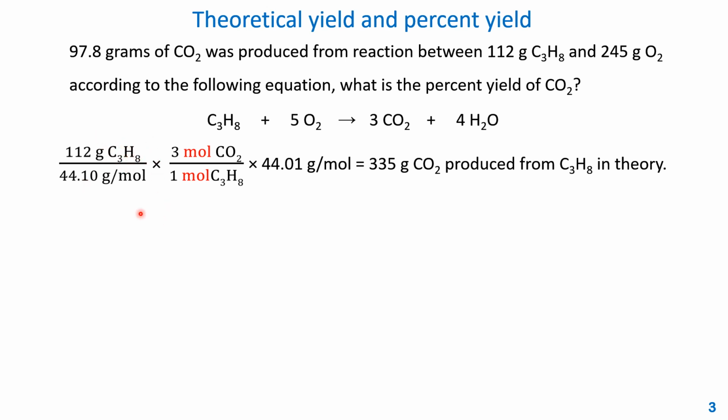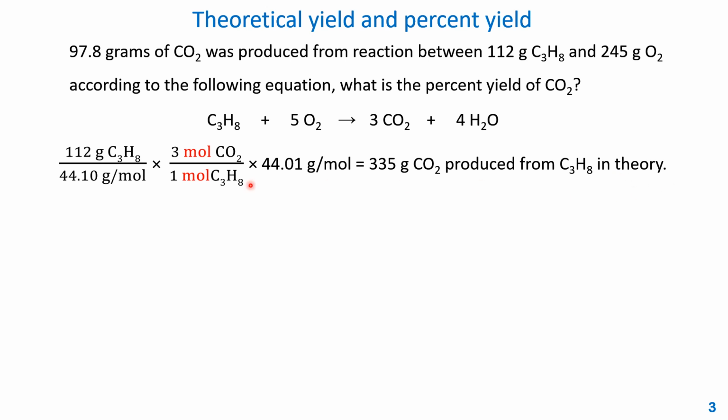And then you convert the moles of propane to carbon dioxide. That's the mole ratio, 3 to 1, the coefficient ratio. And then convert the moles of carbon dioxide to mass of carbon dioxide, multiplying by the molar mass of carbon dioxide. That's also calculated based on the formula, 1 carbon, 2 oxygen. And then we can calculate 335 grams of carbon dioxide can be produced from the propane in theory.